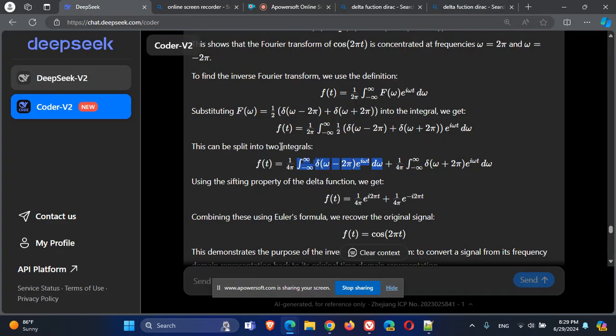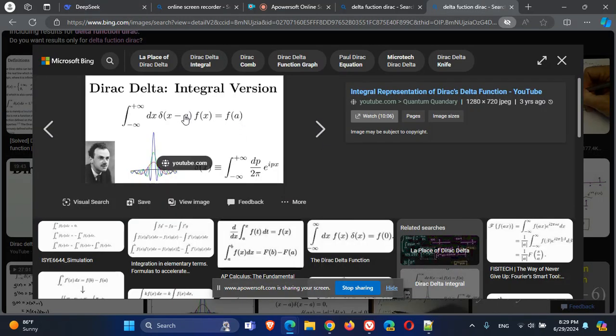Now, this is our function, any arbitrary function which depends on omega, and this is what we need. f of x depends on the variable we are integrating by.